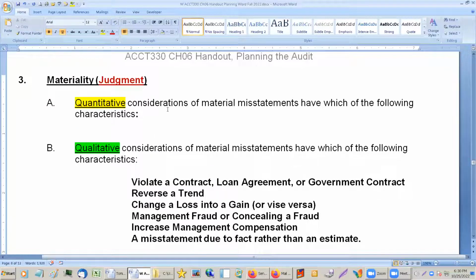Okay, A is the quantitative considerations of materiality. And quantitative considerations are dollar amounts. And this is what we usually think of.